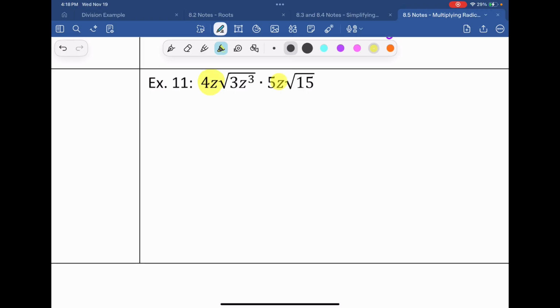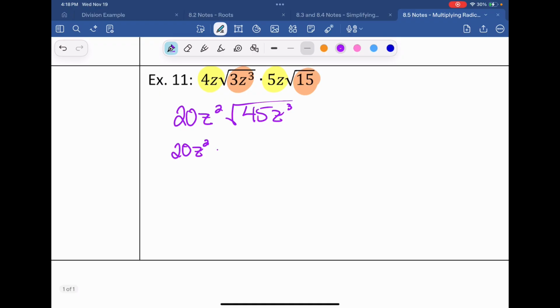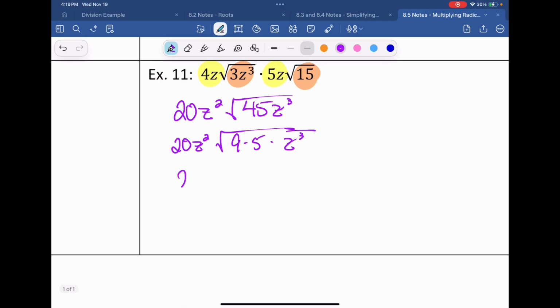Multiply the outsides. Multiply the insides. The largest square that goes into 45 is 9. Square root of 9 is 3.